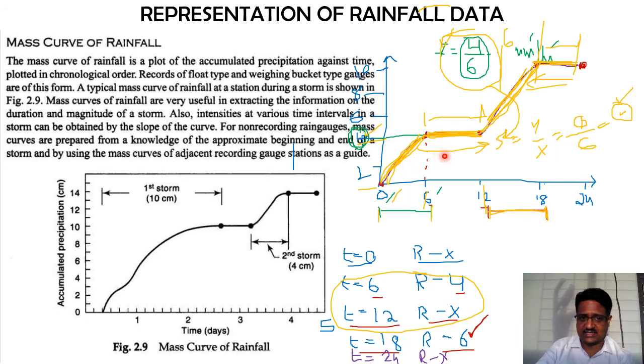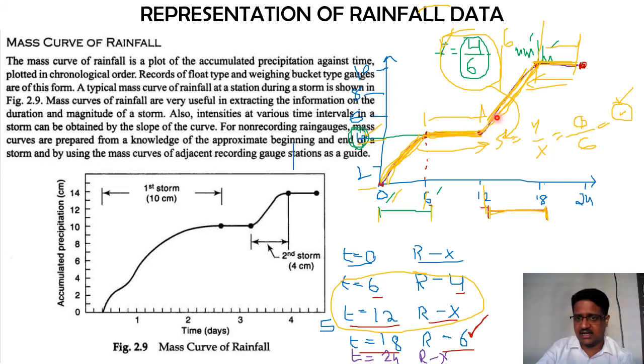Apart from that, you can even check out what will be the individual rainfall that has been collected from these storms. The first one is having how much? 4 mm of rainfall, that is the 0 to 6 hour rainfall. Now similarly, for the rainfall that has occurred from 12 to 18 hours, the total amount of rainfall collected was 10 mm, which is already mentioned here, but the rainfall has started from 4 mm.